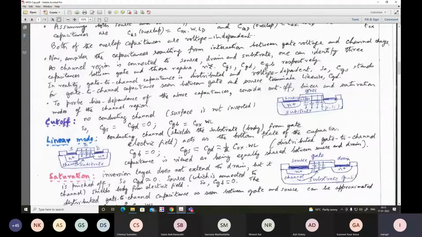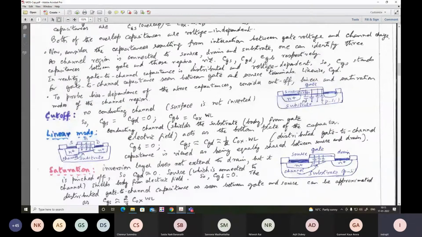This is divided into three parts: CGS, CGB, and CGD. Now, in cutoff, the entire capacitance consists of that between the gate as the upper plate and the entire substrate as the lower plate. So obviously, the total capacitance will be COX into WL.